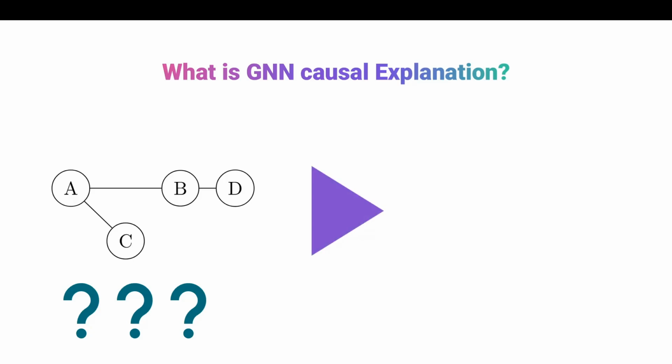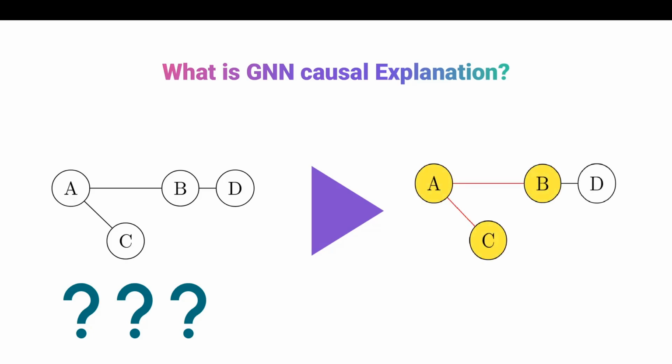If we do a causal explanation to find this information, we can see that the most important node can be A, which is attached to 2 nodes, B and C, and the links or edges between these nodes, meaning AB and AC, are more important. With that, we can predict the label of this graph, or find the most important information for this graph.